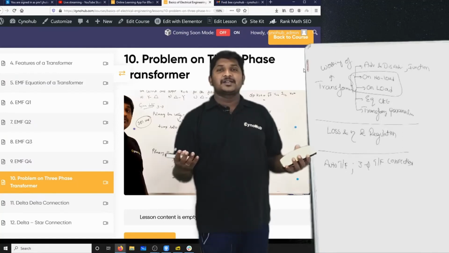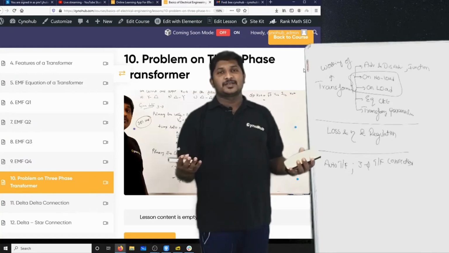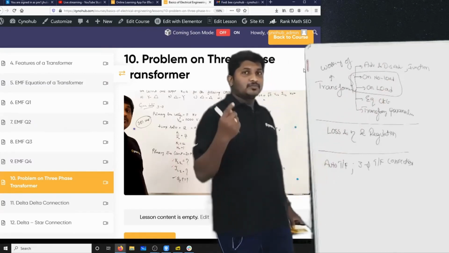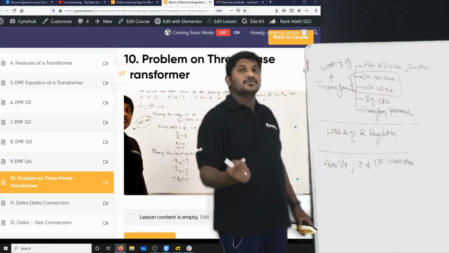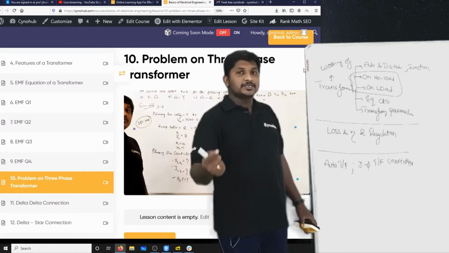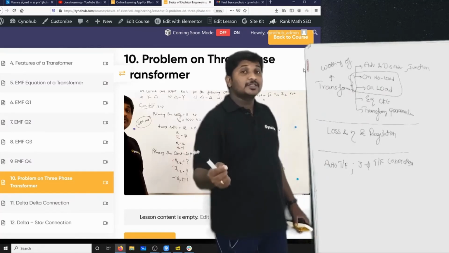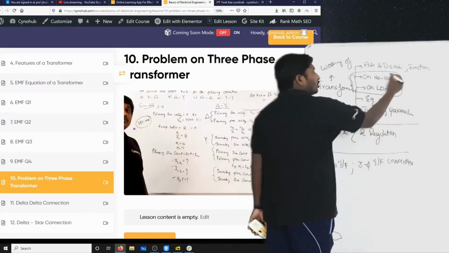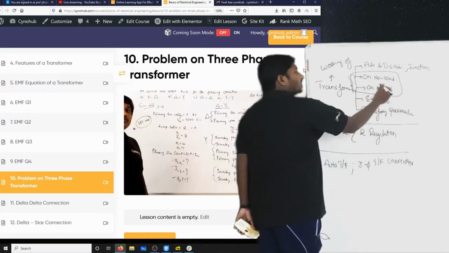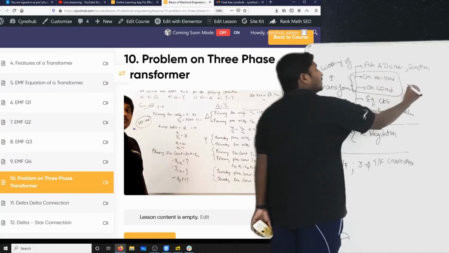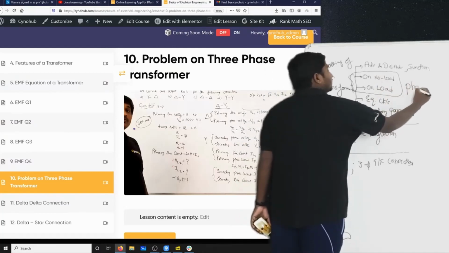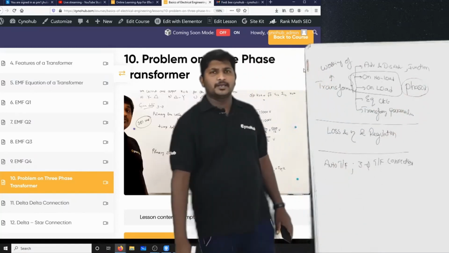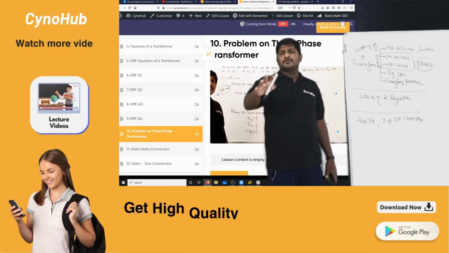With phasor diagrams. So here you will get one model question: working of a transformer on load case and no load case with vector diagrams or phasor diagrams. That means you have to explain this operation under no load, under load case with phasor diagrams. Very important.